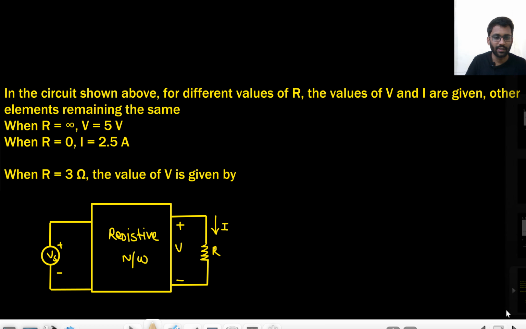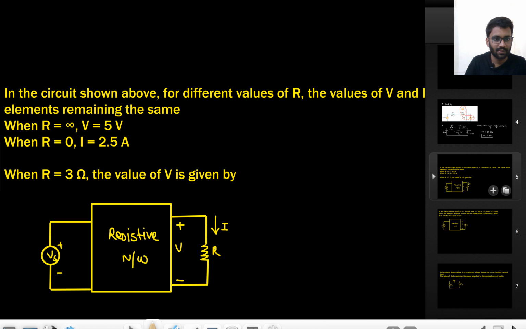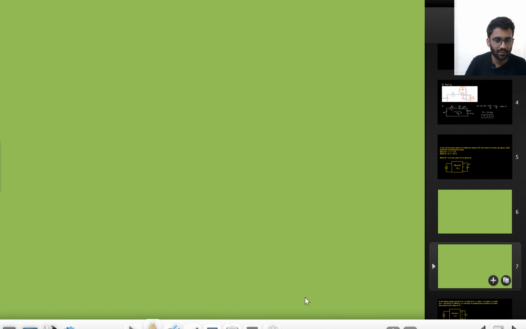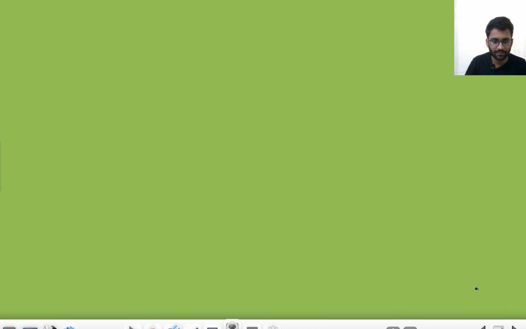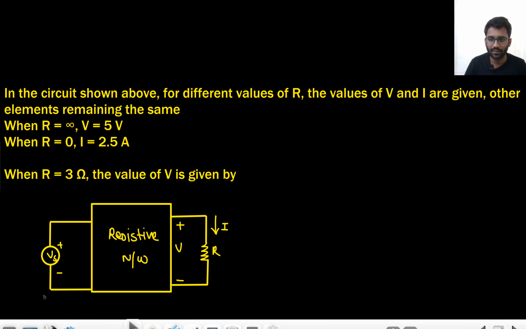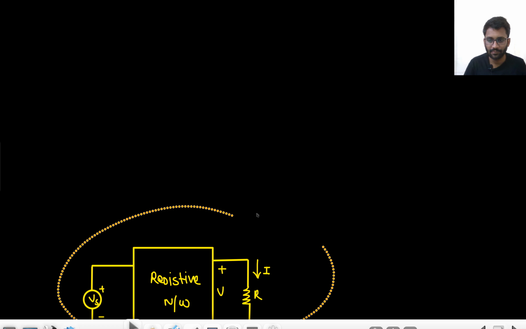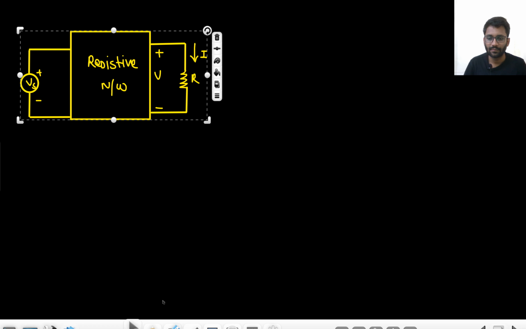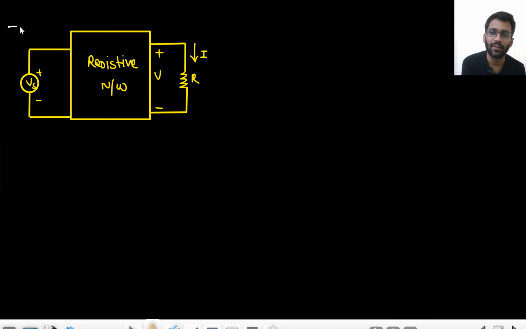So let's just solve it on the next page. Your Vs remains there as it is, so I will just copy this circuit. Now we are solving it. When R is equal to infinity, that means open circuit.